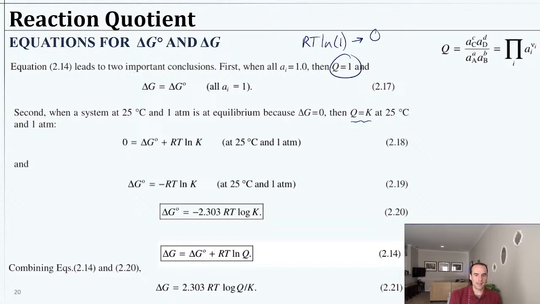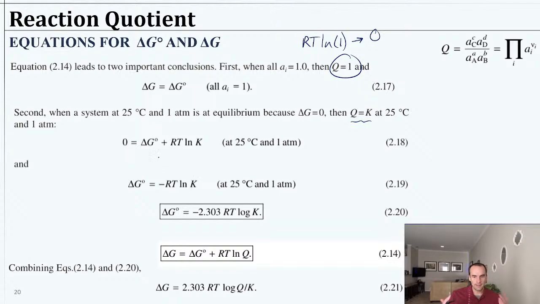So when we're at equilibrium, delta G is 0, so 0 will be equal to delta G naught plus RT ln of K. We can rewrite this, as you probably have seen before, as delta G naught is equal to negative RT ln K.